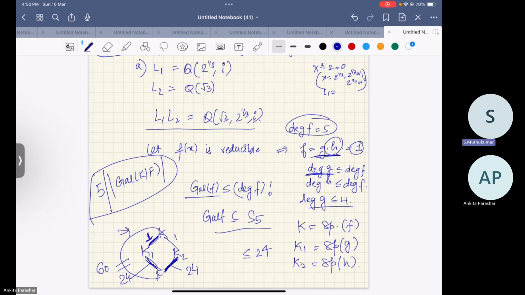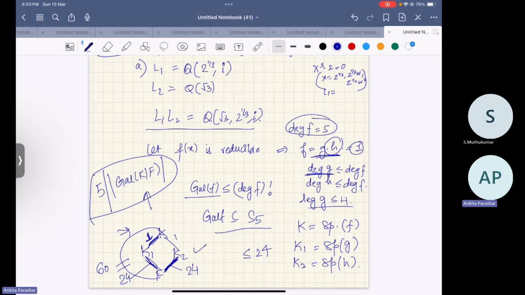So the degree of F is 5. Yes. So if you can convince yourself of this fact, then we are done to say that this is not possible.